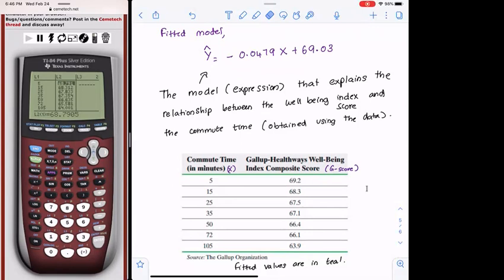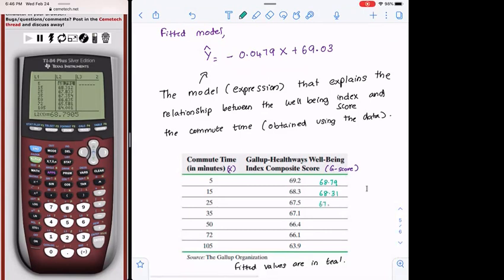So the actual value when x was 5 was 69.2. The fitted value is 68.79. The actual was 68.3 for the next case, and we have 68.31.